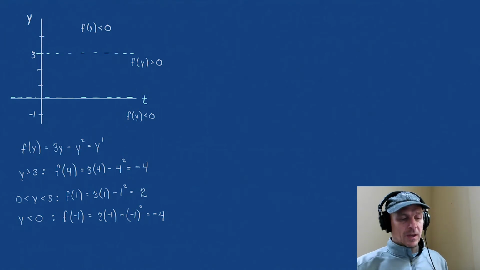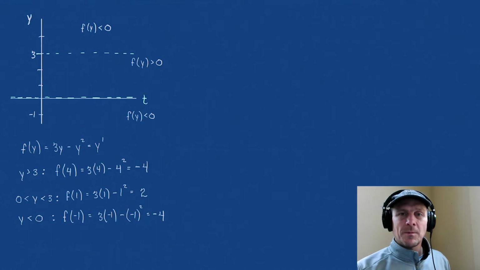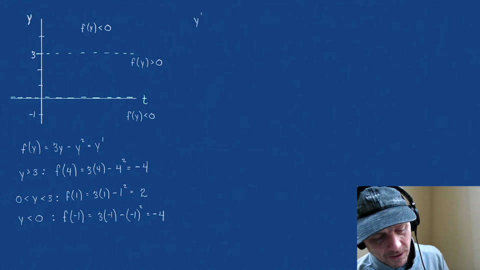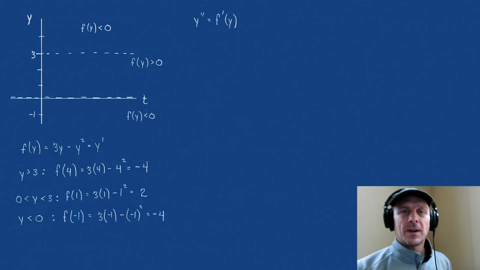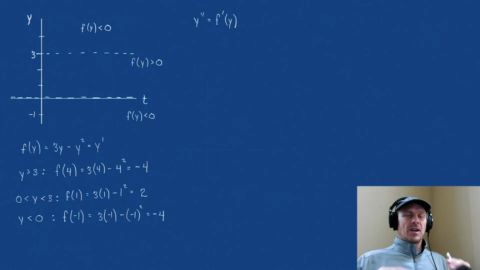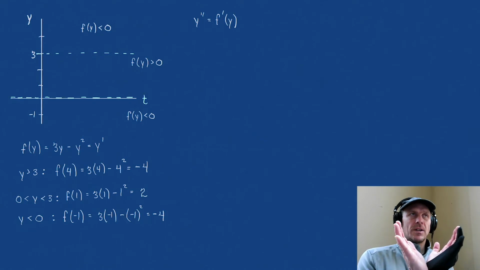Okay, we can do a little bit more now that'll help. And that little bit more comes from if we knew the second derivative of y. Well, that would just be f prime of y. The second derivative tells us how the curve bends, and it tells us when it changes the bend. If it's positive, then we have a curve that's concave up.